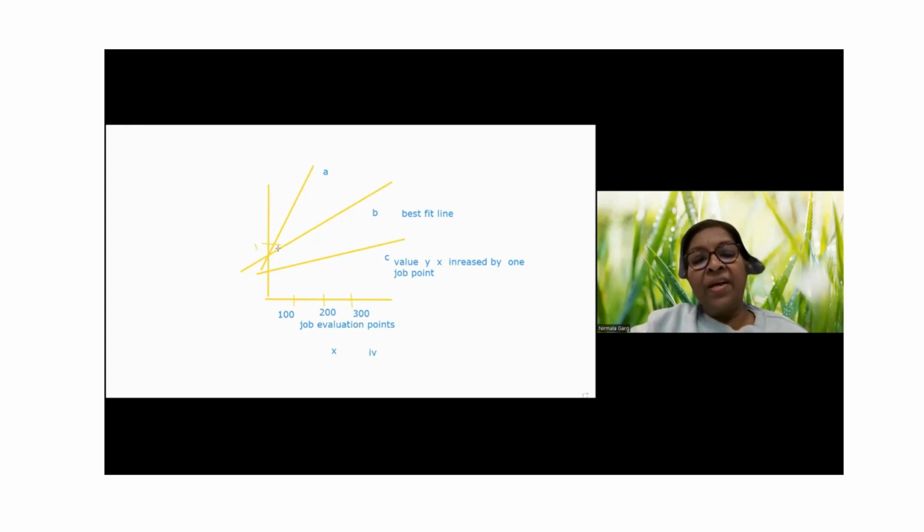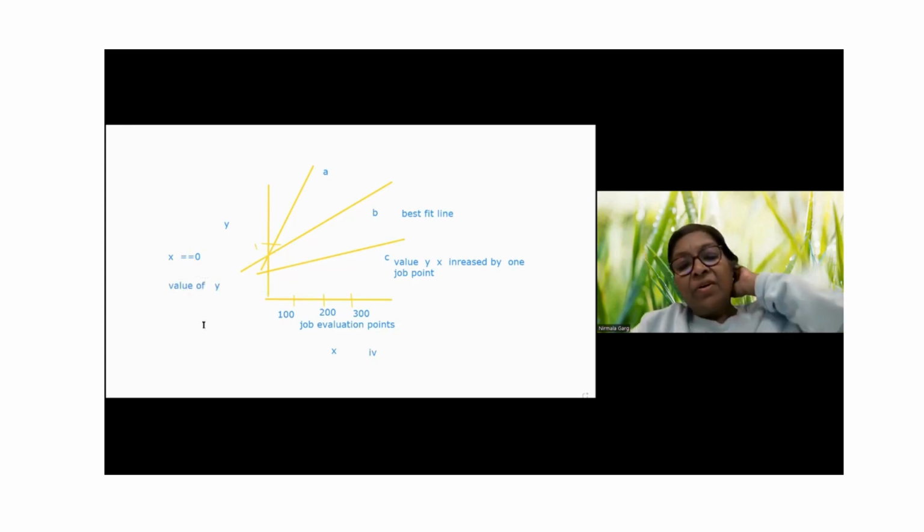Can you see my cursor? In essence, when X is equal to 0, what is the value of Y?